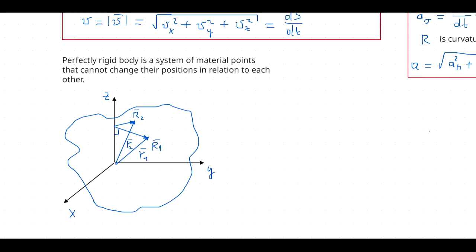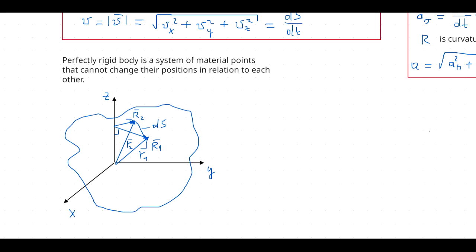And the path length is some ds. So how to define this ds? It can be defined with radius and angle of rotation.